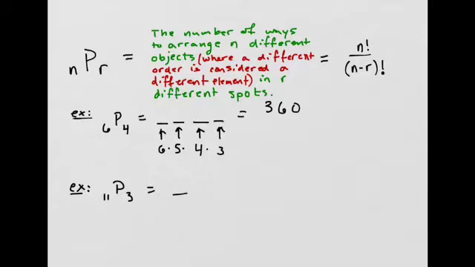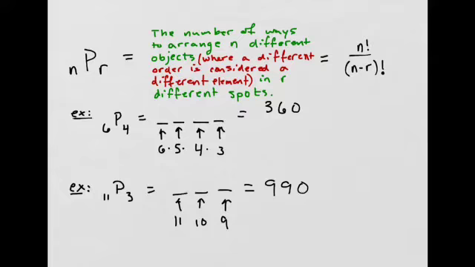So it's 1, 2, 3, and how many choices do I have to fill the first space? If I'm choosing from 11 different objects, well, I have 11. But then in the next space, I have 10. And then in the last space, I have 9. So that would be 110 times 9. And that's just 990. So there we go.